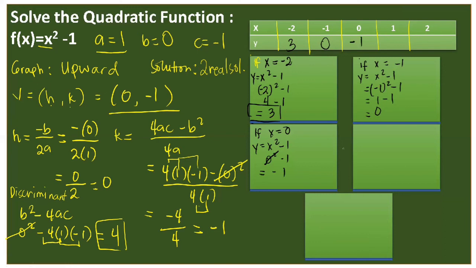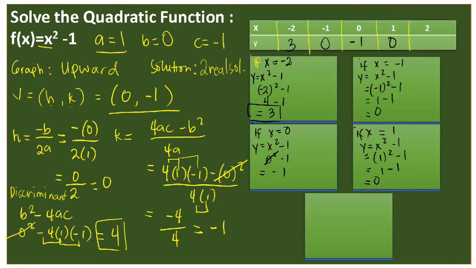Next is if x is equal to positive 1, then y is equal to x squared minus 1. So yung x natin is 1. So therefore 1 squared minus 1. So 1 squared is 1 minus 1. It is equal to 0. So if x is positive 1, y is 0.